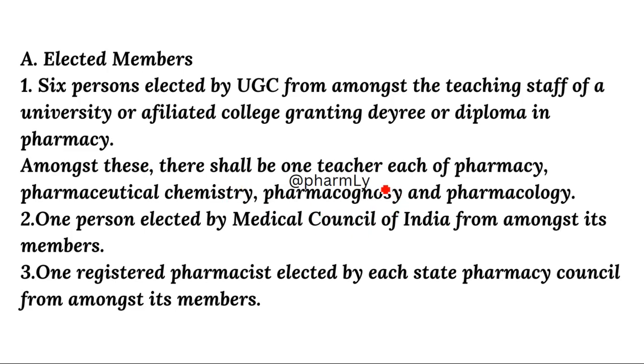They should have the teaching backgrounds in these fields, and one person elected by the Medical Council of India from amongst the members, and one should be from the Medical Council of India. And there is a requirement of one registered pharmacist from each state among these members. So this is the way by which the electoral process is carried out and the members are elected.